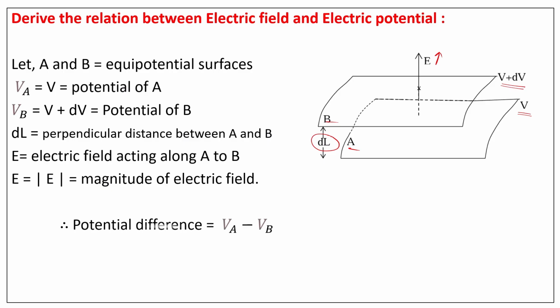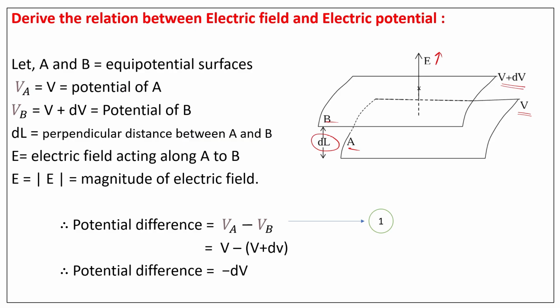Therefore, potential difference is equal to VA minus VB. Mark as equation 1. On substituting values of VA and VB, we get V minus (V plus dV). The plus V and minus V cancel, then potential difference is equal to minus dV.